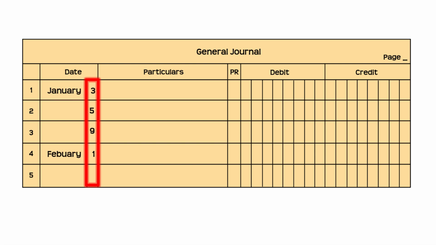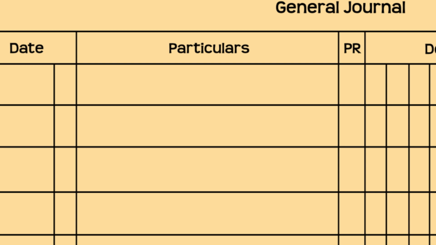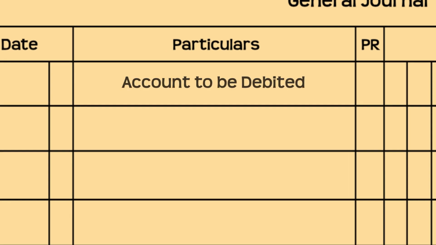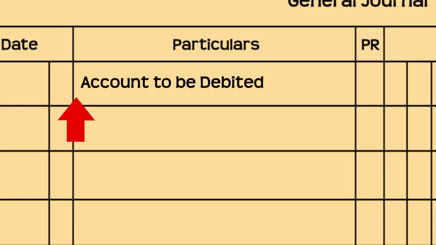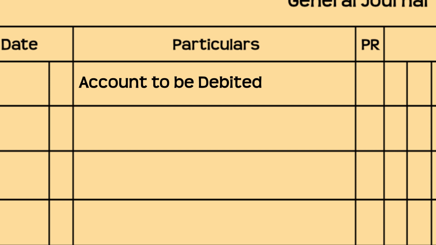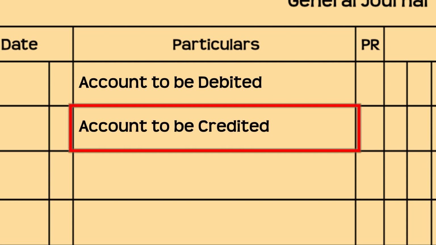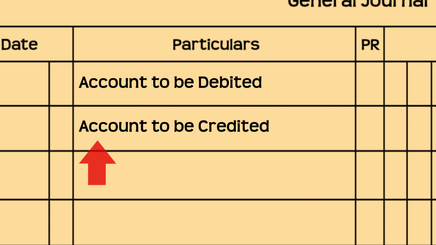On the next line is the day of the transaction. On the particulars column, write the account title on the extreme left edge for account titles you need to debit. For account titles to be credited, write down the accounts on the next row just after the last account debited. Instead of writing the accounts on the extreme left edge, accounts credited must be indented at least half an inch.